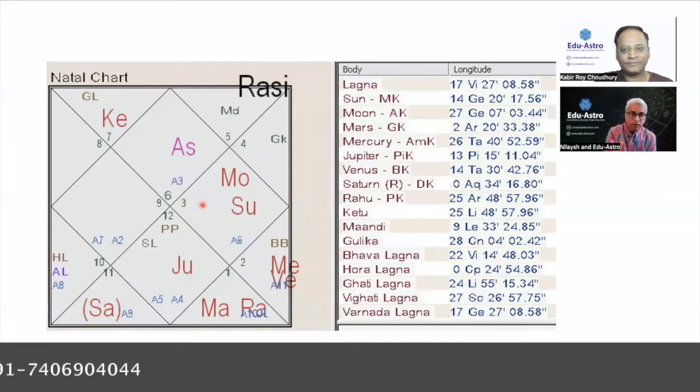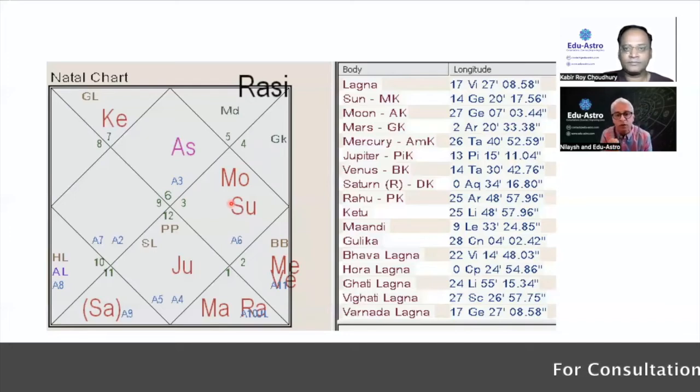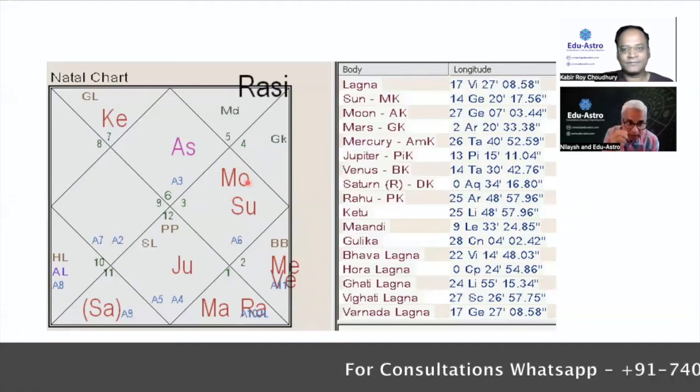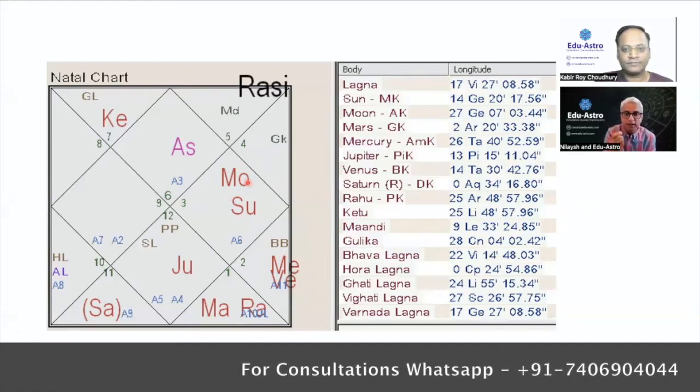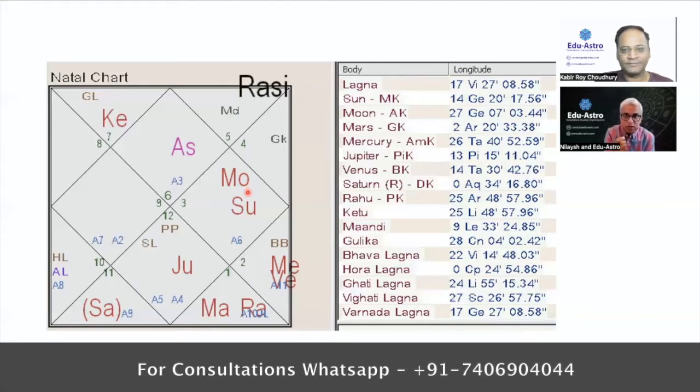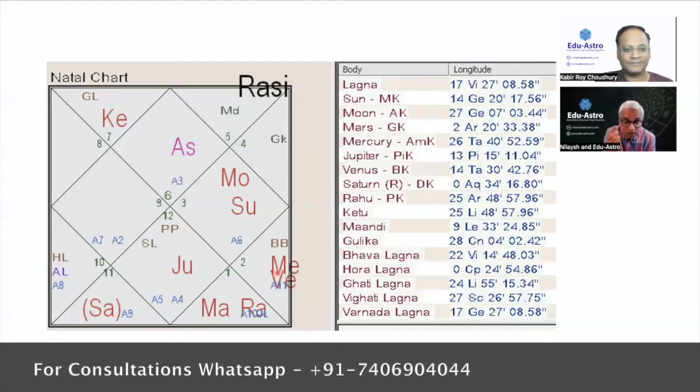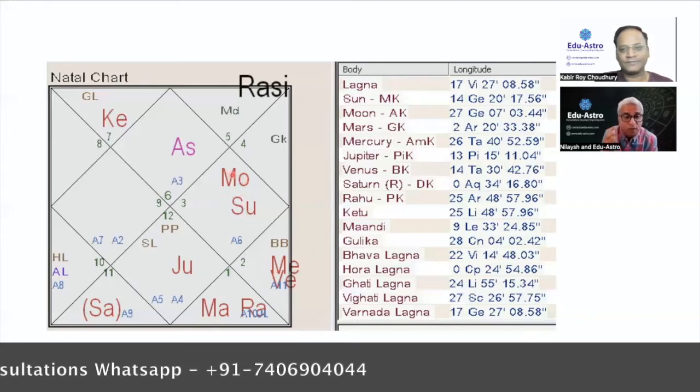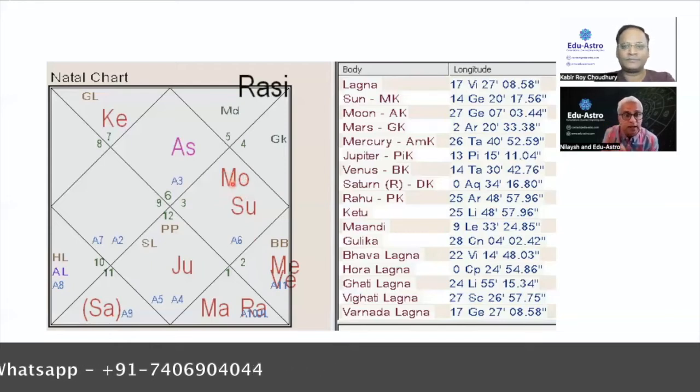Now moon, everybody knows, is our thought process. And the influence of moon on Mercury and of Mercury on moon is very strong here. Mercury, being the Lagna lord and the 10th lord, is close to the moon. The process of the mind is very intellectual. The process of the mind is very communicative.